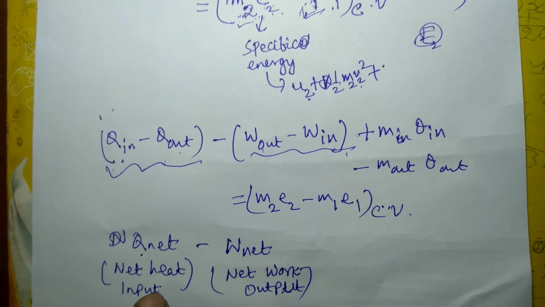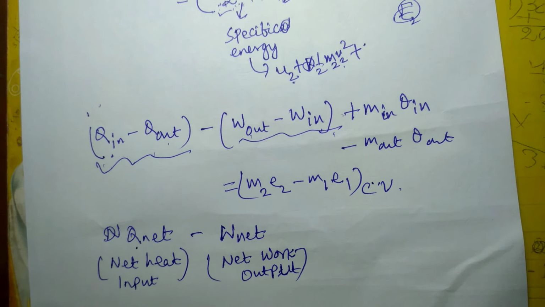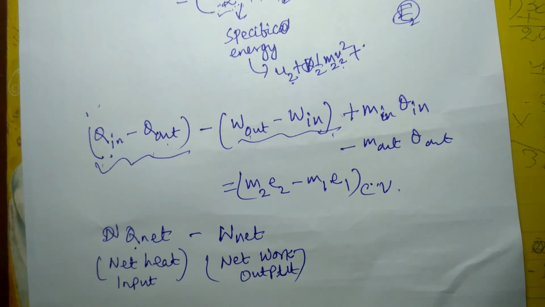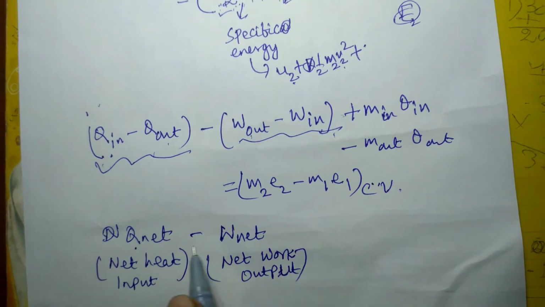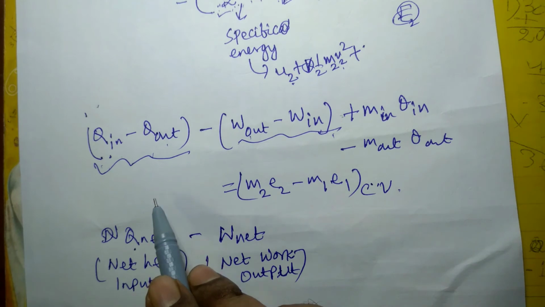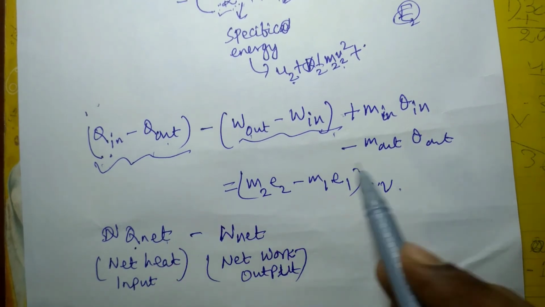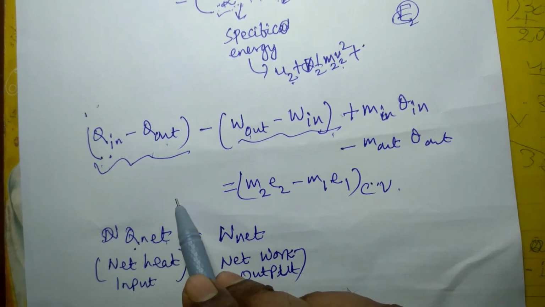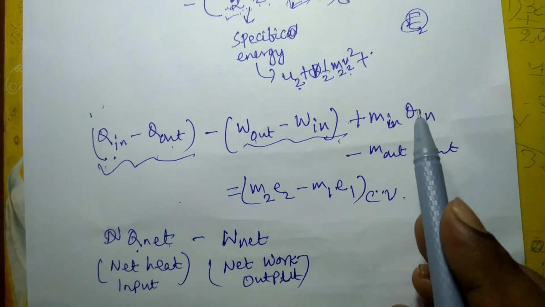But it is not right to think that only heat will enter and work will go from the system or control volume. That is usually the convention adopted, but this is the proper way to analyze Q net. Suppose there are two interactions, in case heat input is taking place and heat is being added to the control volume and heat is also being rejected from the control volume.